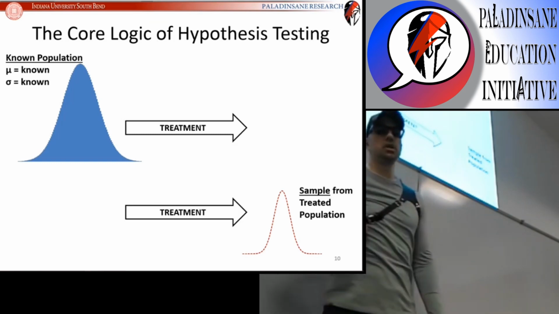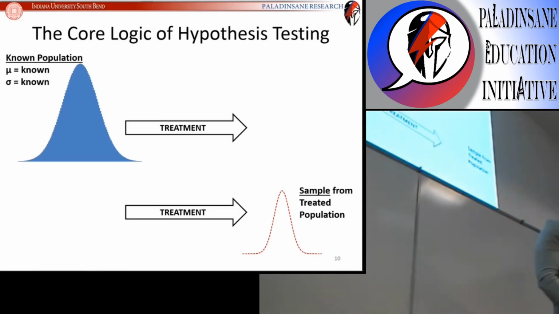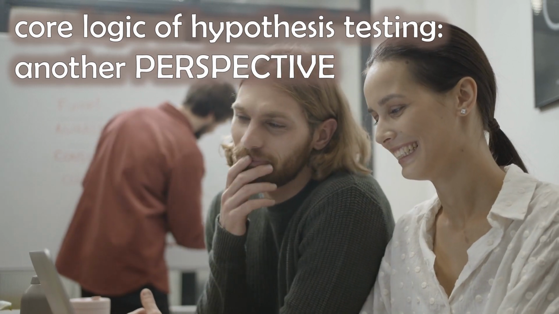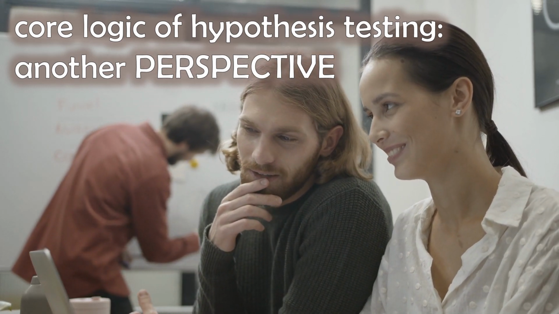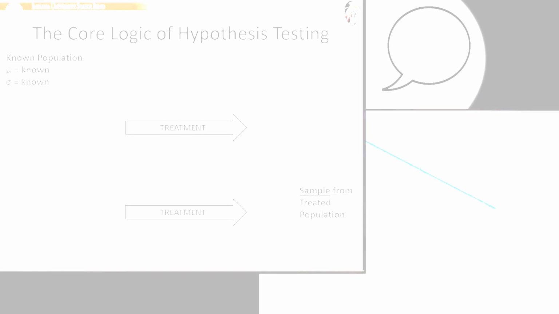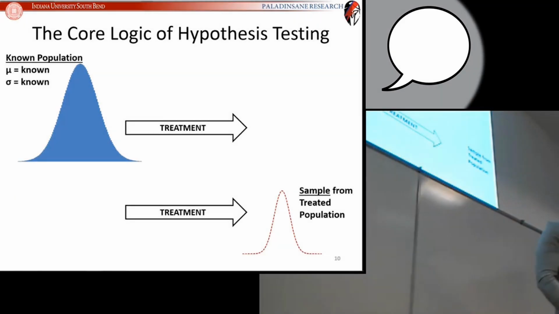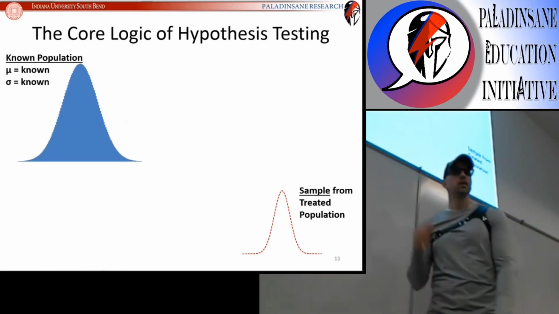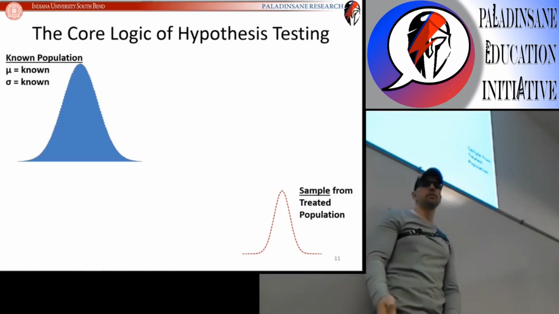We have information about our known population. So our second look at the logic of hypothesis testing is just going to focus on those two pieces of information that we have.